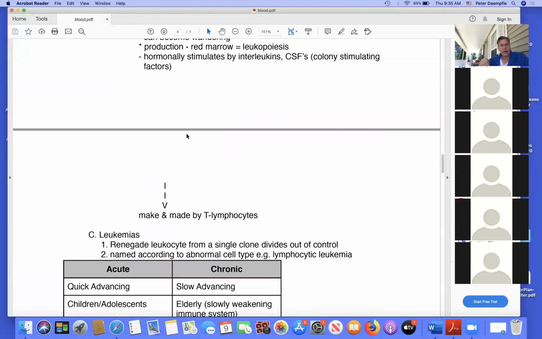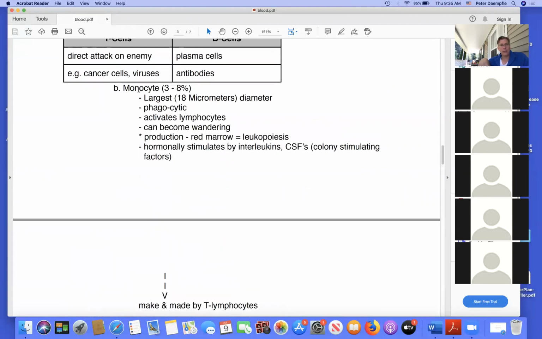All right. Then we've got monocytes. Monocytes make up about 3 to 8%. They're big in size. I think the picture on figure 13.4 shows the relative size nicely. A little more than double the size of an average granulocyte. They're phagocytic. They're kind of the big tanks that attack and gobble up the enemy. They become wandering macrophages. All of them are produced by leukopoiesis, which means white blood cell production.